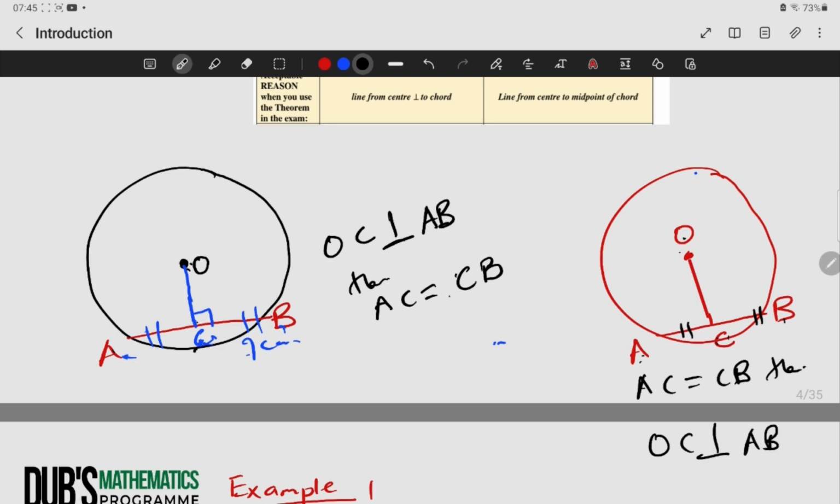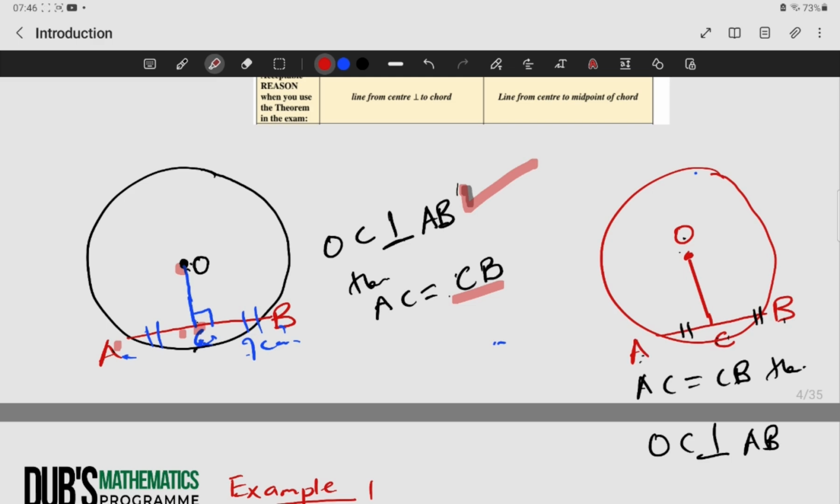See, now we are reversing. Here we were given that OC is perpendicular to AB. We then concluded that AC is equal to CB, or that OC bisects the chord AB. For the converse, a converse is just reversing.